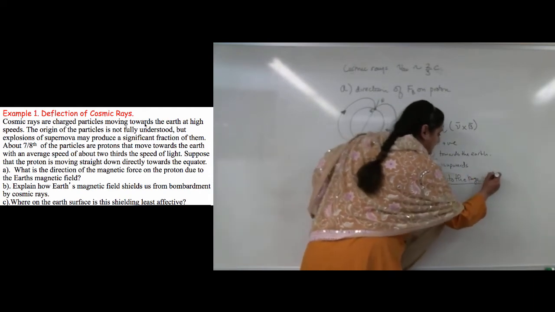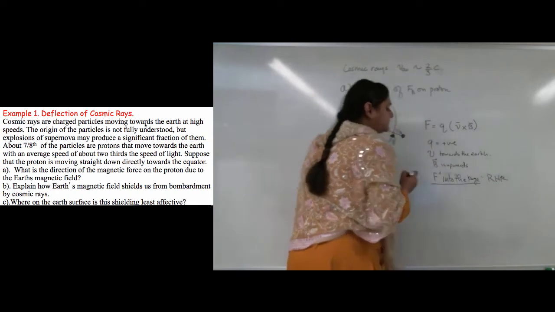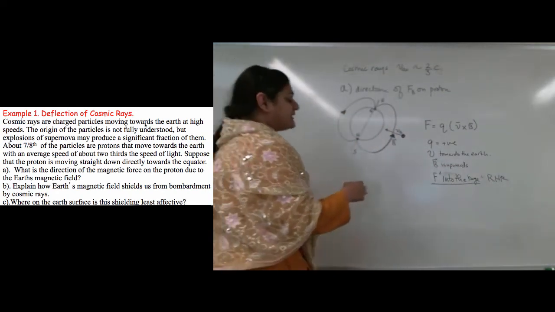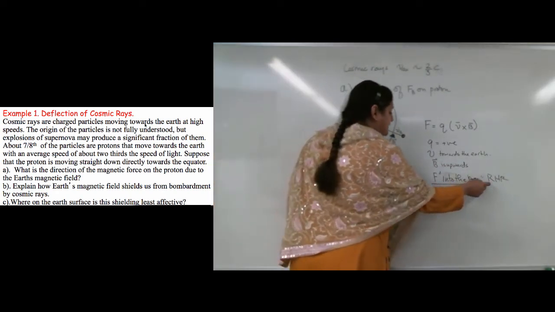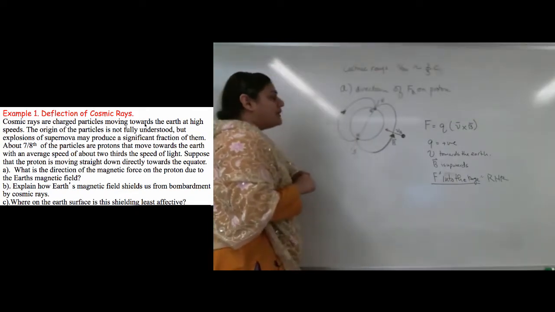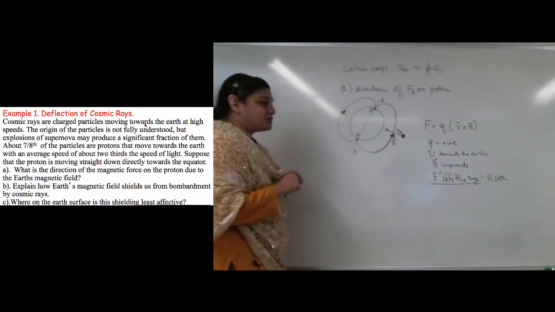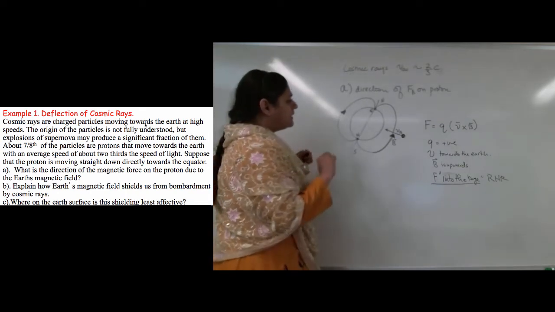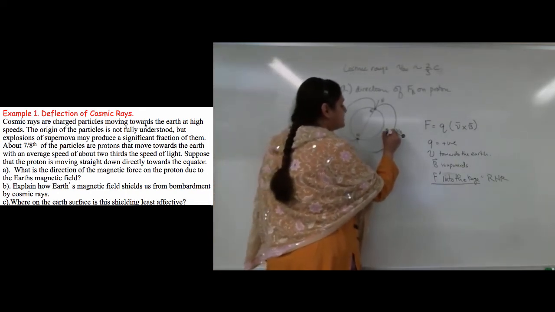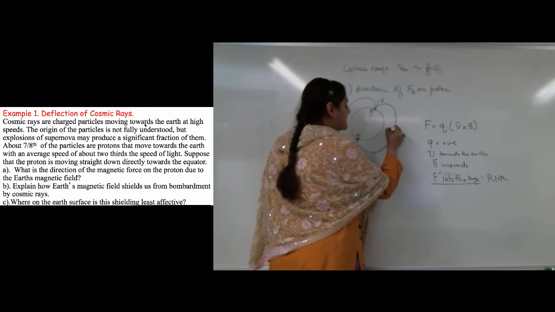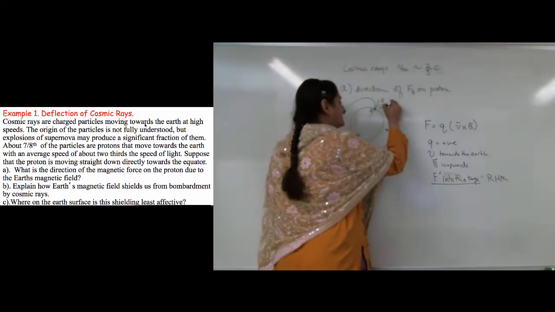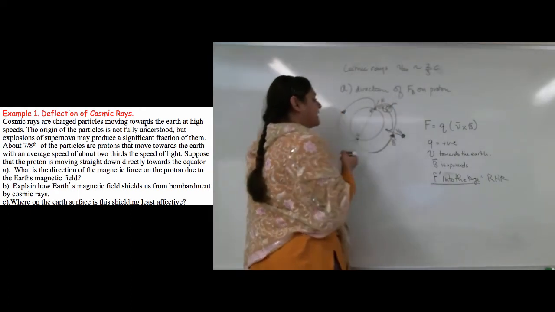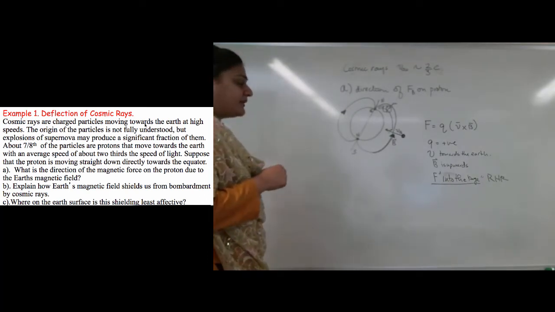And that I found from the right-hand rule. If we think about F is into the page from the right-hand rule, what this means is that this proton will actually be traveling towards the poles or towards the east in our map, and that's why we see those aurora borealis up in the north.